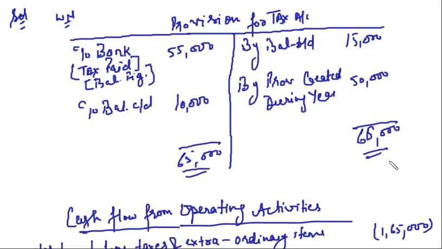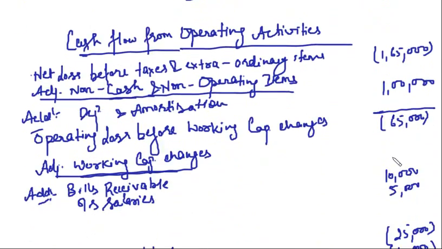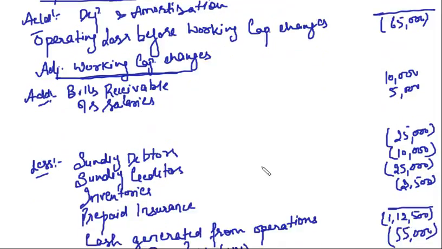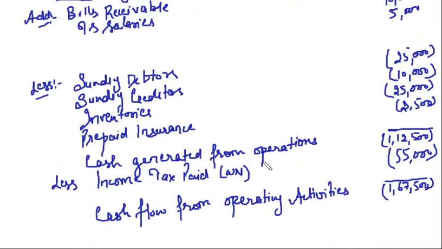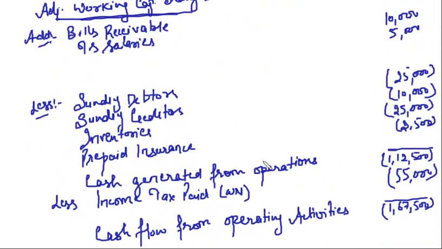The balancing figure reflects the tax paid during the year, and that tax paid we will use in cash flow from operating activities. Clear, friends? So this is how you prepare cash flow from operating activities. With this we complete cash flow from operating activities. We have covered all the topics related to cash flow from operating activities.